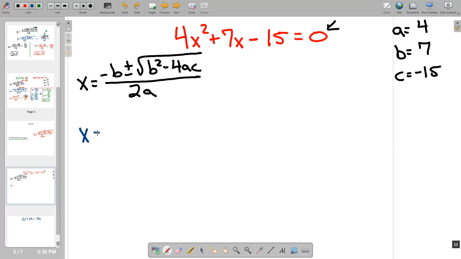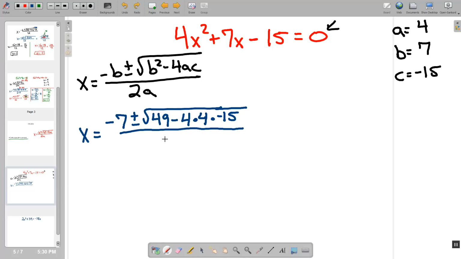So x is equal to negative 7 plus or minus the square root of 7 squared, which is 49, minus 4 times a, which is 4, times c, which is negative 15, all over 2a, 2 times 4. From here, let's simplify.